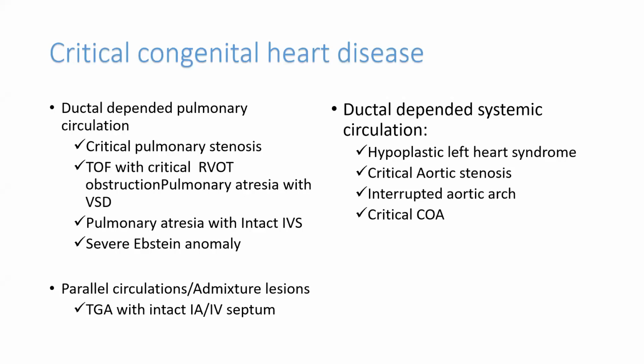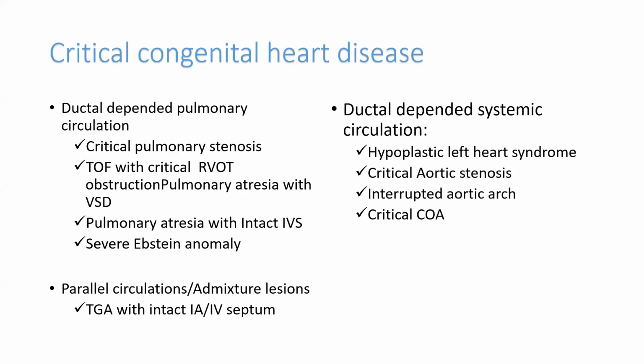And the tetralogy of Fallot, if you remember the components, they present with a large VSD, right ventricular hypertrophy, right ventricular outflow tract obstruction, and an overriding aorta.